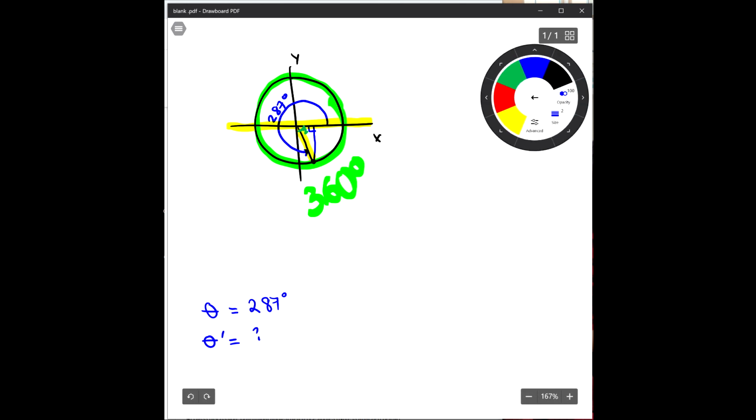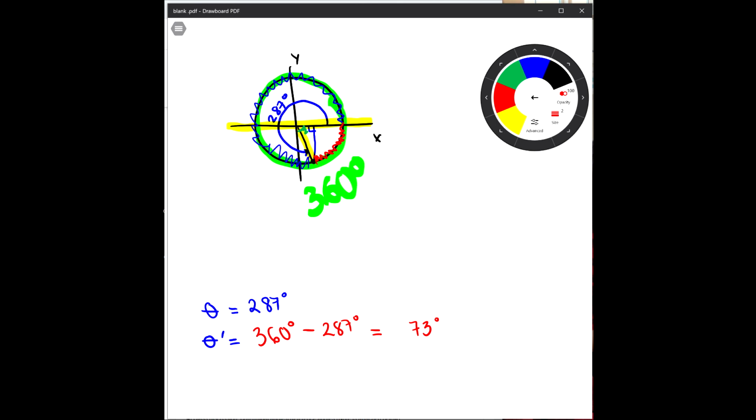So we have part of it, up to that point, is 287 degrees. Now we need to know the remaining part right here. Therefore, we do subtraction again. We take 360 degrees minus 287 degrees, and we do the math here. It will be 73 degrees. That will be our reference angle.